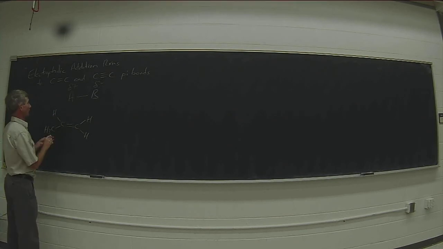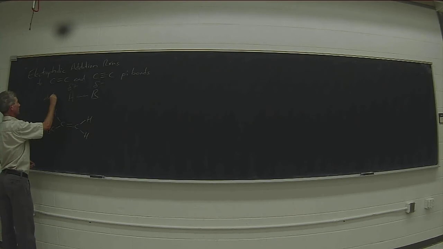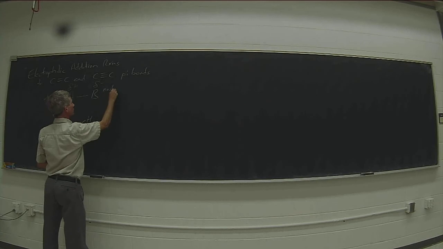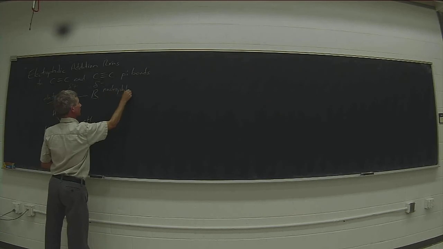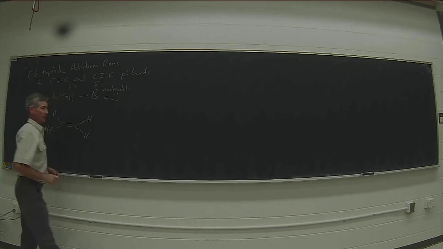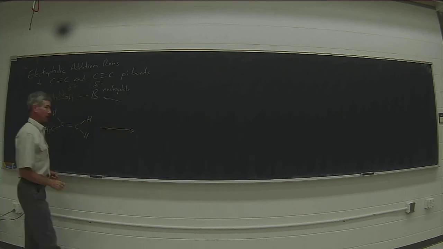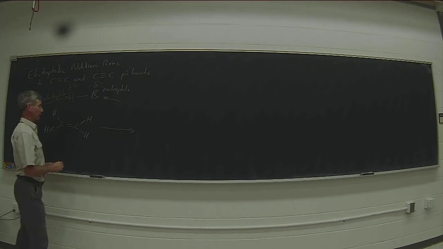So we have our electrophile here, and our nucleophile here. And it will always add to the carbon-carbon pi bond, so the electrophile goes to the less substituted end.